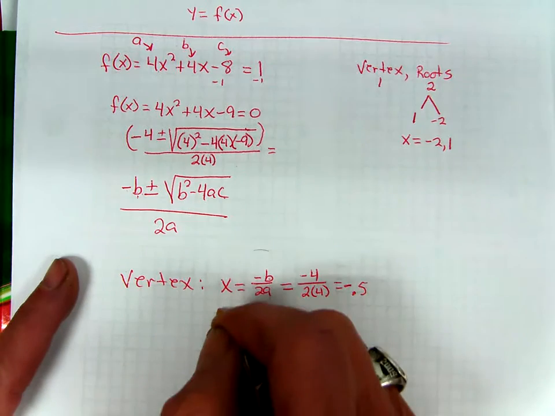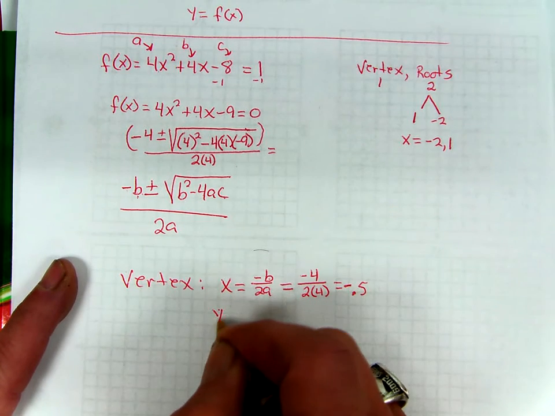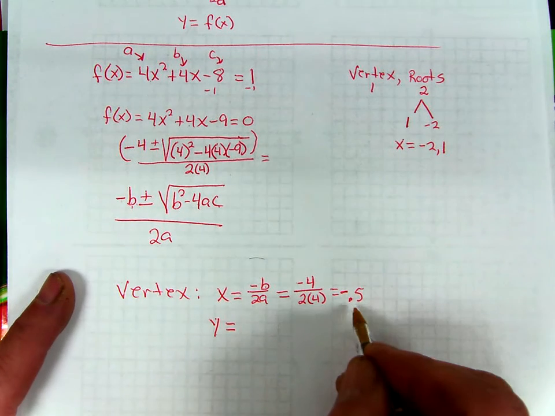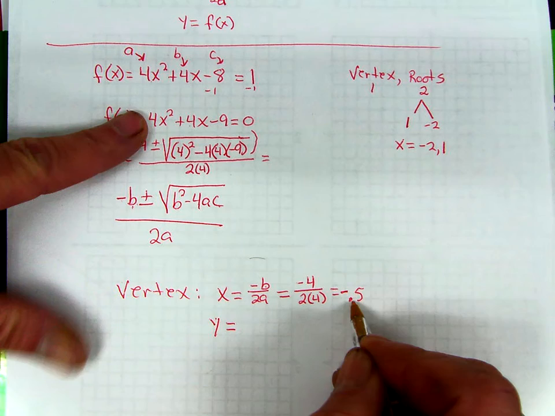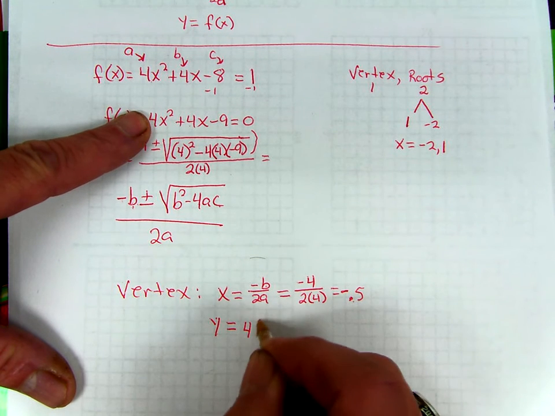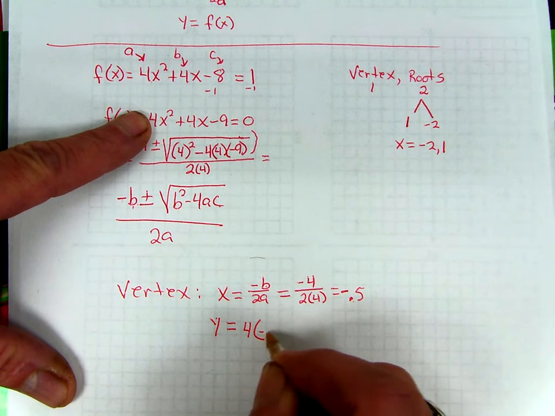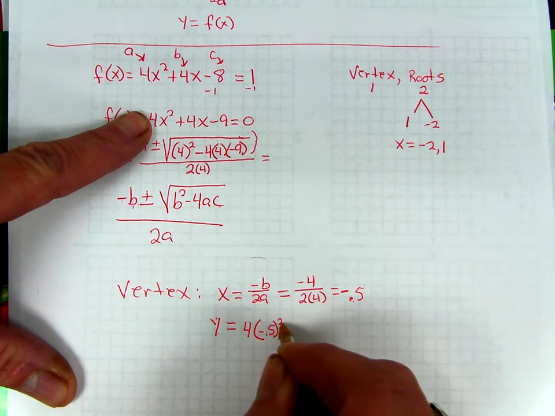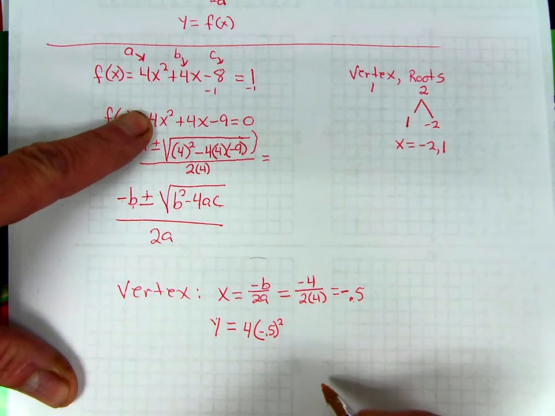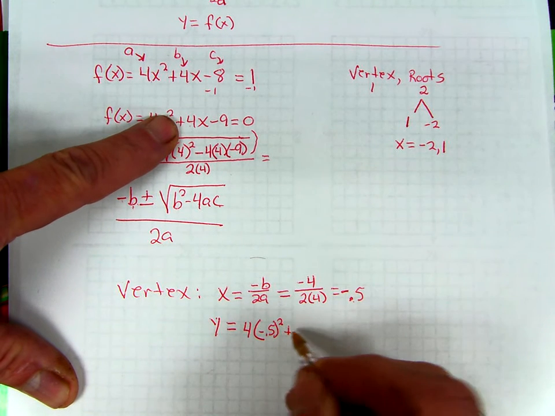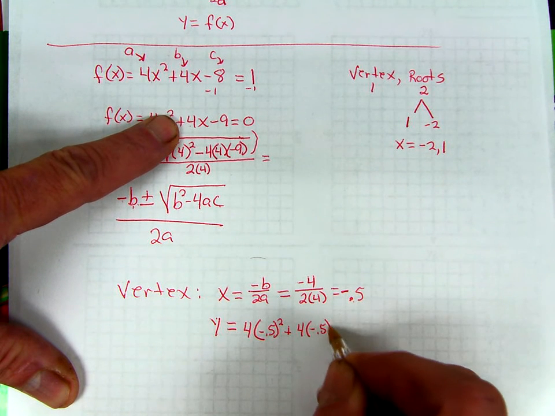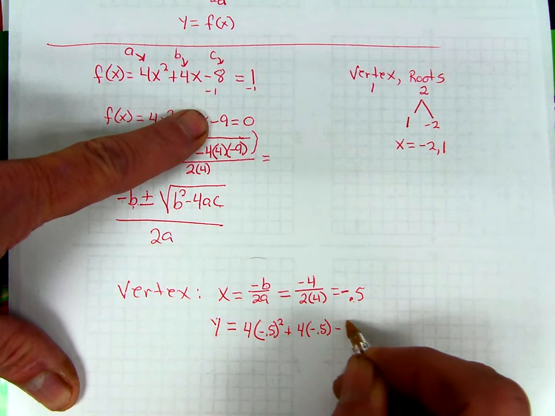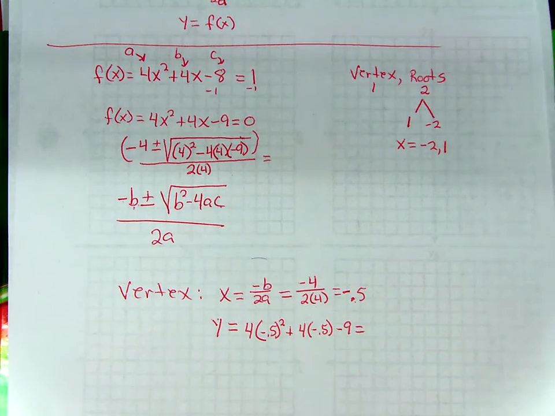So y is going to equal, here's my x, here's my function, so 4 times negative 0.5 squared, put that square on the outside of the parentheses, plus 4 times negative 0.5 minus 9 equals.